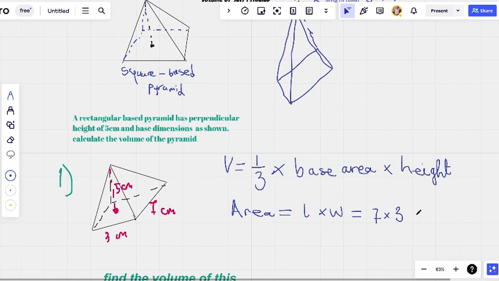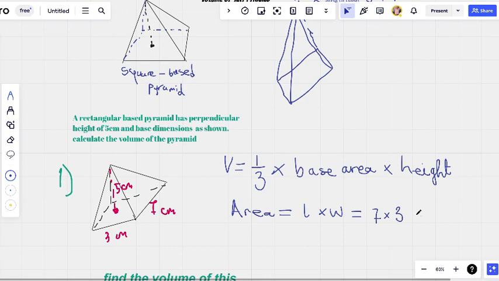So the total surface area is to say 32 plus 32, which is 64, 40 plus 40, which is 80, 80 plus 64 plus 20. So I have TSA, total surface area of the pyramid, is equal to 40 plus 40 plus 20, that's 100.